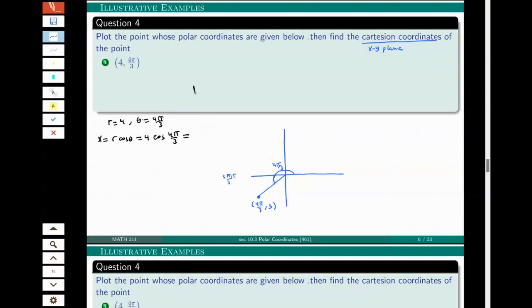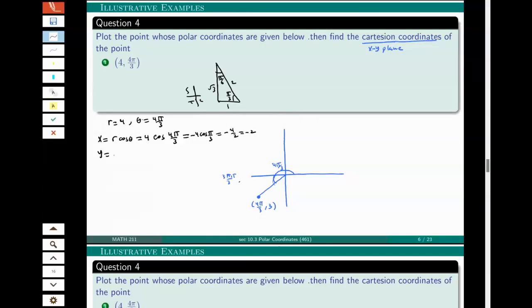Using STC, in quadrant number 3, this is negative 4 cosine pi over 3. Then you use your triangle or your calculator. This is pi over 6, and that's pi over 3. This is 2, 1, square root of 3. So cosine pi over 3 is 1/2, so it will be minus 4 over 2, which is minus 2.